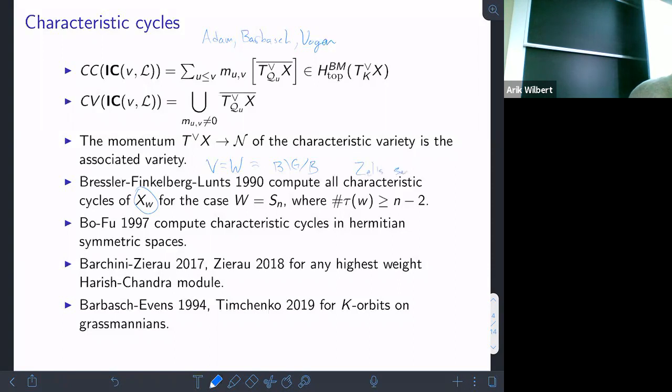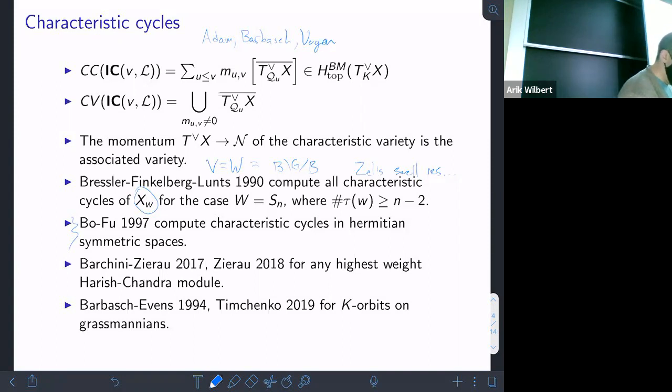Zelevinsky's small resolutions that we talked about last week. So that leads to irreducible characteristic cycles. Boe and Fu have a result from 1997 to compute, by a different method, all characteristic cycles in Hermitian symmetric spaces.